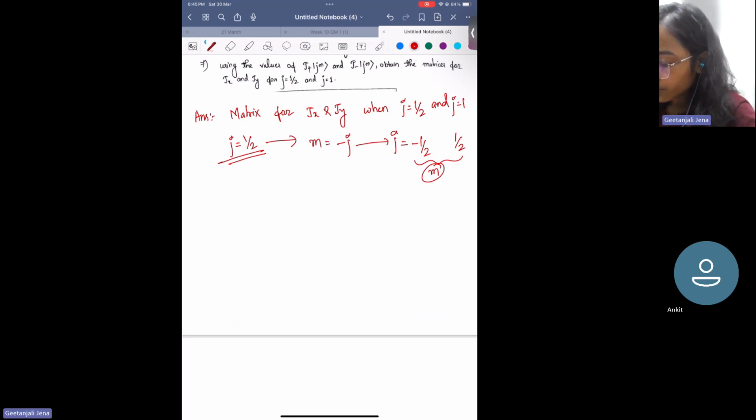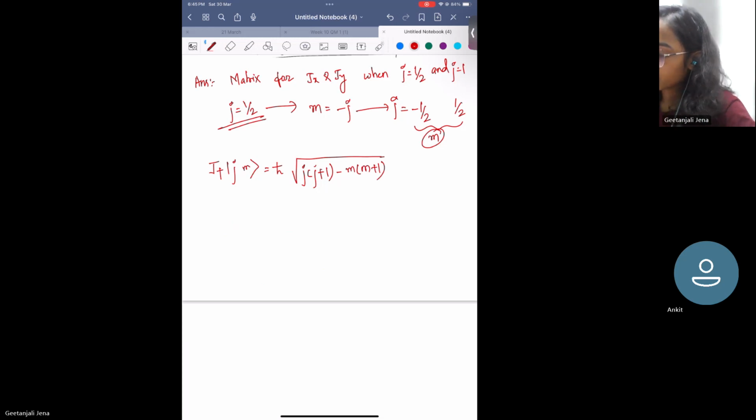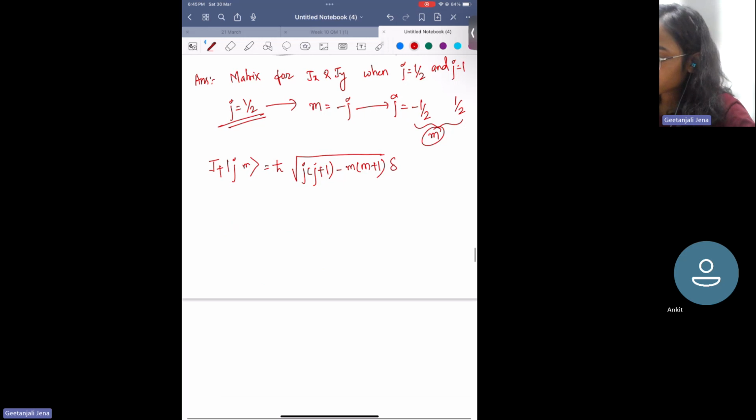Now the expression for J plus when it acts on Jm, you need to remember this. It is h-cut times the square root of J into J plus 1 minus M into M plus 1, and the state will be J, M plus 1.